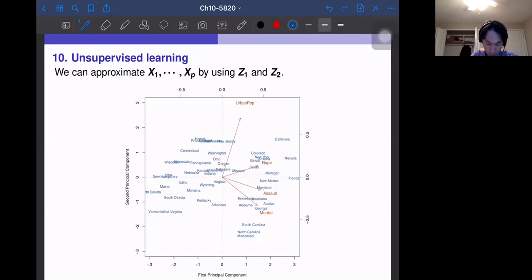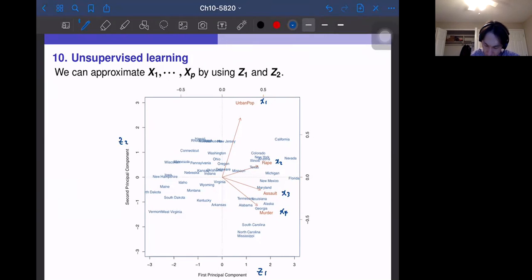So here we have the variables. X1 was urban population, X2 is maybe the rate of rape, X3 is the rate of assault, and X4 the rate of murder. Then these are the components: this is Z1, and this is Z2.